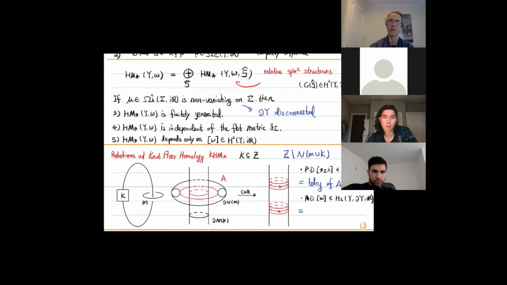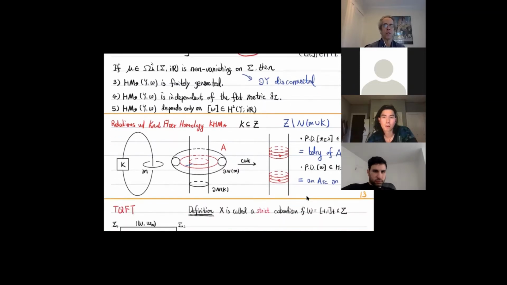And for the class of the Poincare dual of the closed 2-form omega, we'll take it to be an arc lying over the annulus. Anyway, this is just a small technical detail. And with this choice of 2-form omega, we can recover the knot Floer homology. So this is our first result. We do have a nice Floer homology.